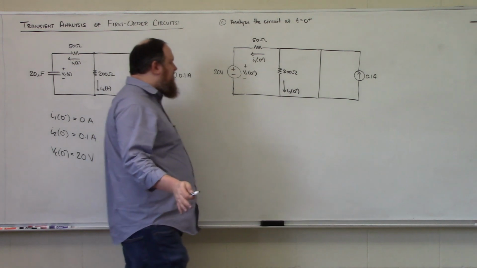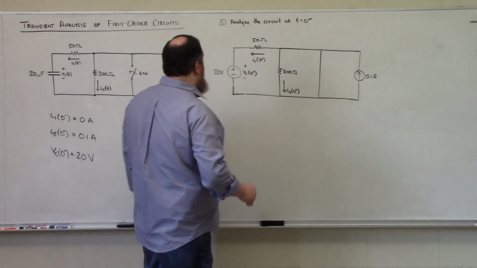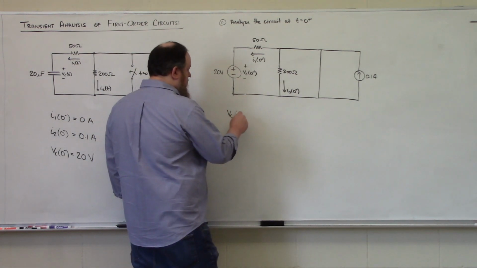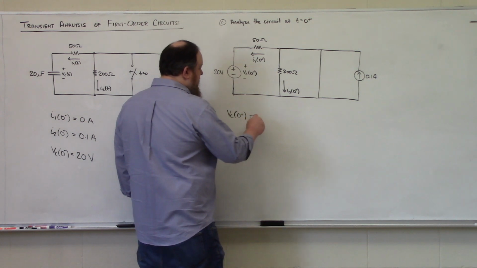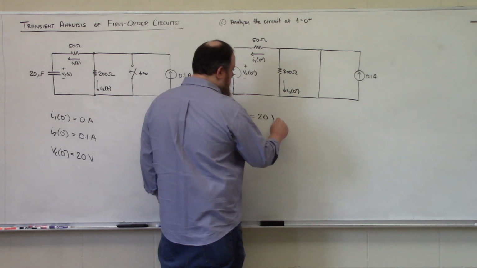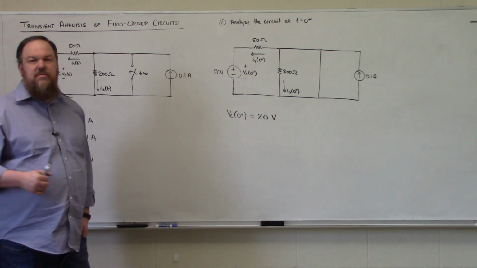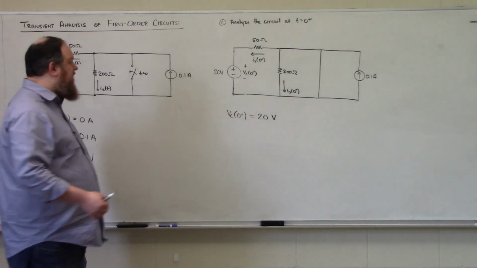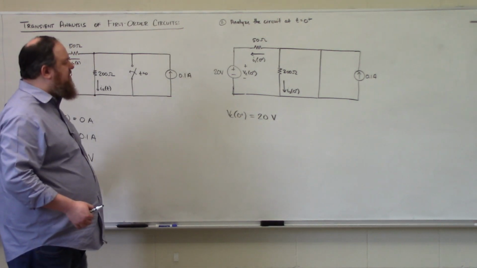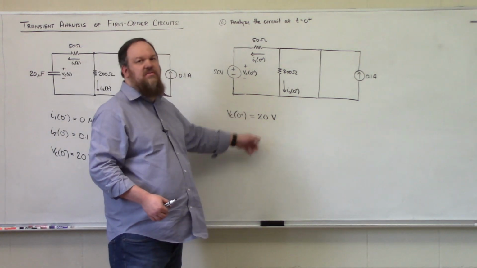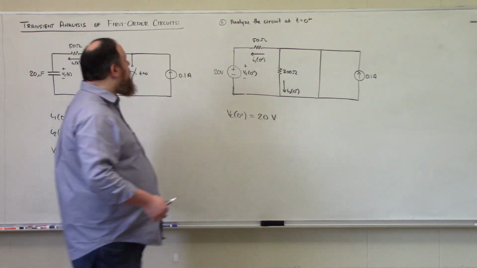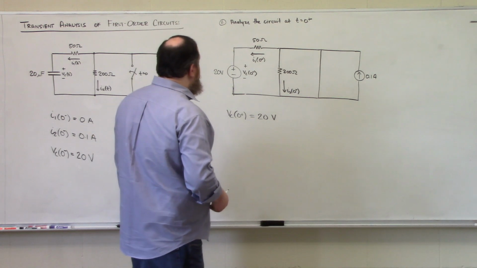I can't harp on this enough because it's a common mistake. VC at 0 plus has to be 20 volts because the voltage drop over the capacitor cannot change abruptly. If it was 20 volts at t equals 0 minus, it must be 20 volts at t equals 0 plus.